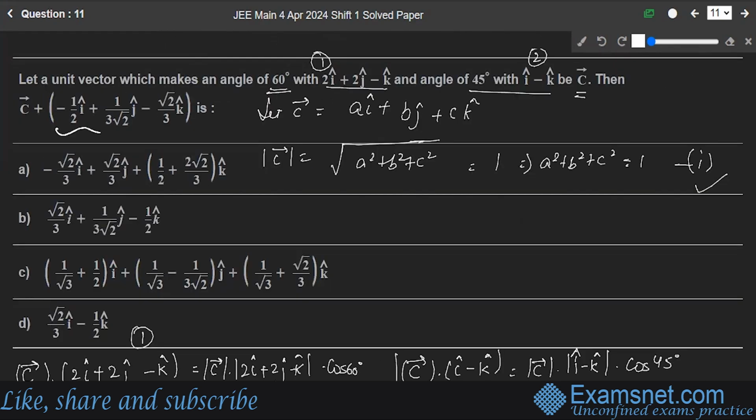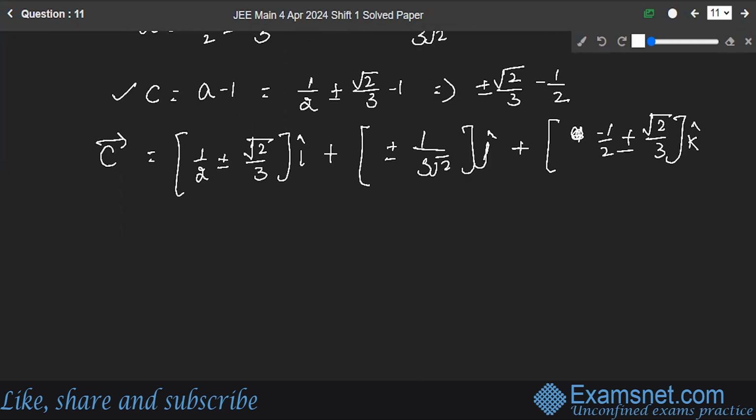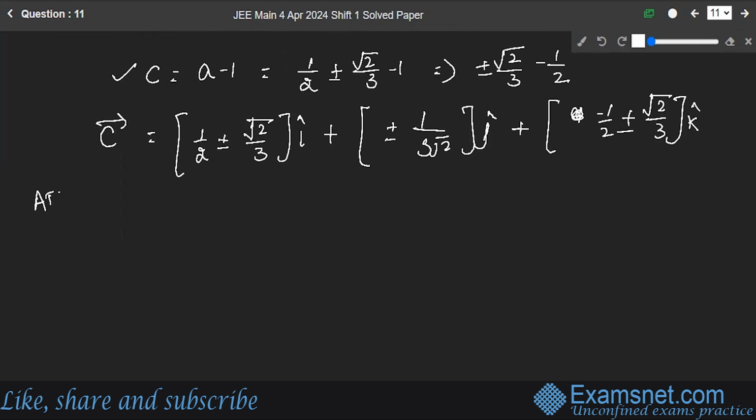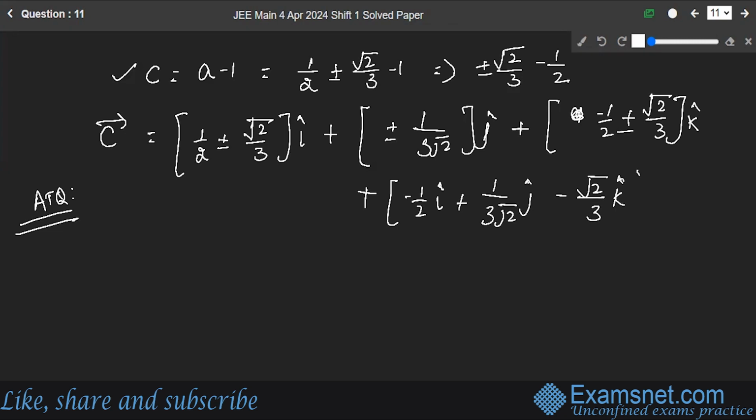What you have to do? You have to add this vector. So add C to this vector. Let's write it down. According to the question, this C vector plus, what is that vector? Minus 1 by 2 I, J, K. This is the one. Let's check it once.